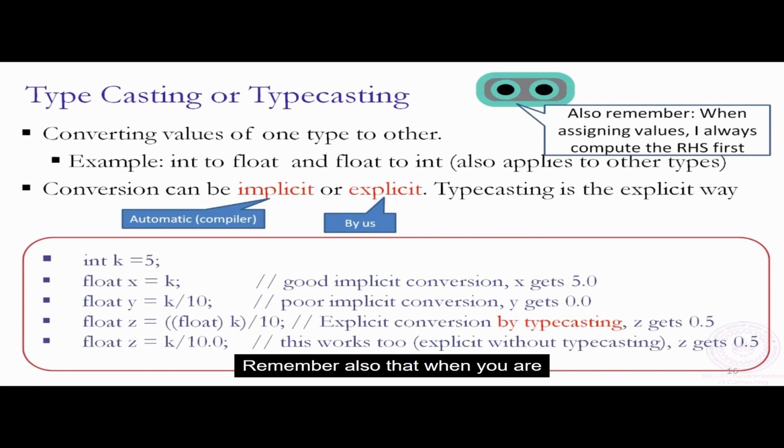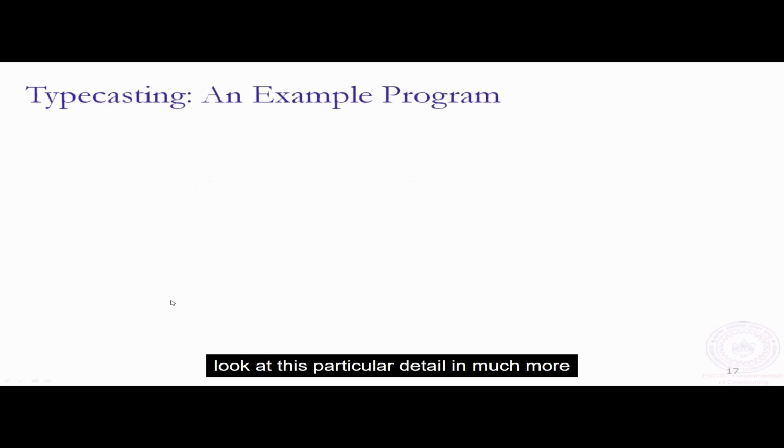Remember also that when you are assigning values, the computer always calculates the RHS. It always evaluates the RHS to its complete extent before trying to do the assignment. We will look at this particular detail in much more depth when we start looking at precedence and associativity a couple of lectures down the line.